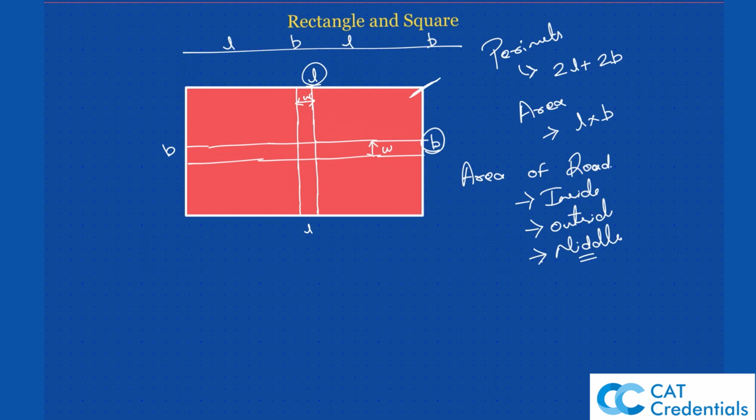They'll ask you a simple question: this road that is passing through the middle of this rectangle, what is the area of this road? Let me just draw it completely. Yes, so this is how we'll draw it.